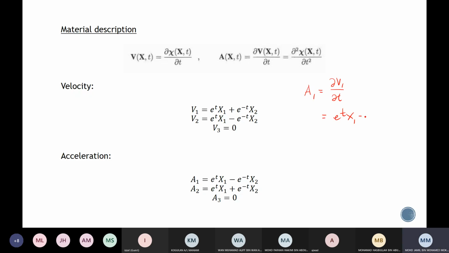So here becomes minus e^(-t) x2. So similarly a2 is e^t x1 plus e^(-t) x2. Okay, so differentiate this. And then a3 is zero because the velocity is already 0. Okay, so you get the velocity and acceleration in material description.